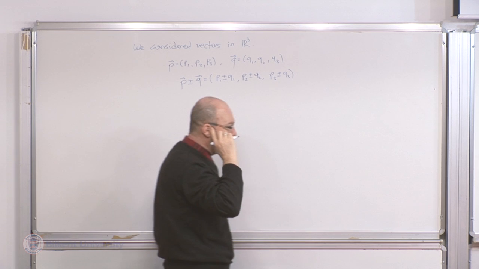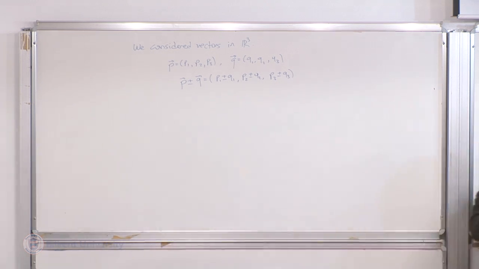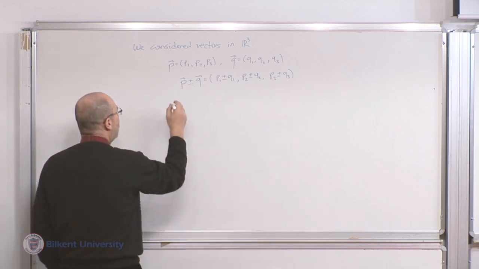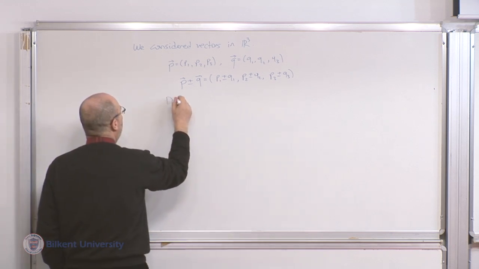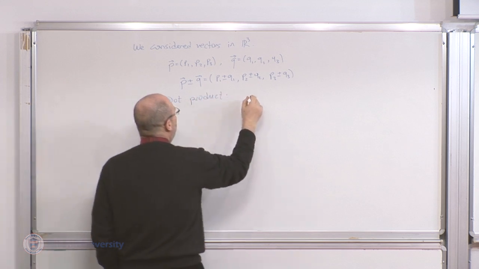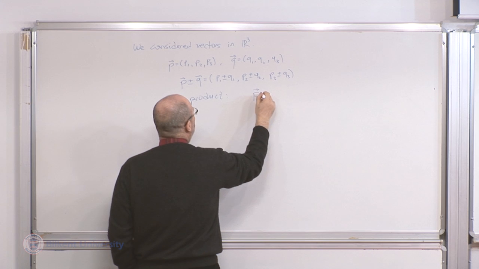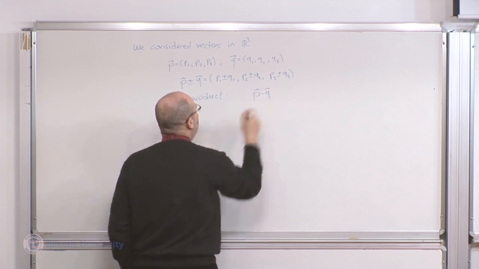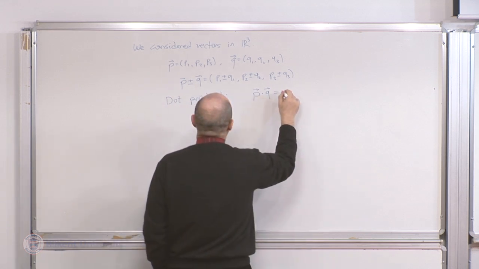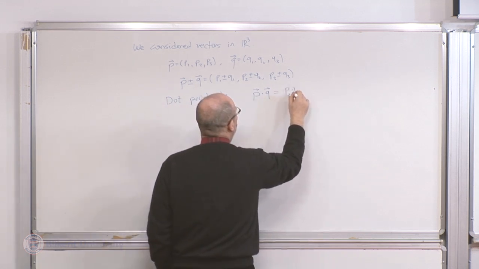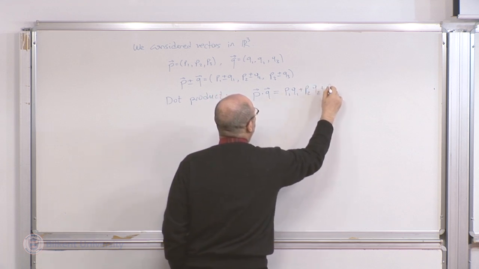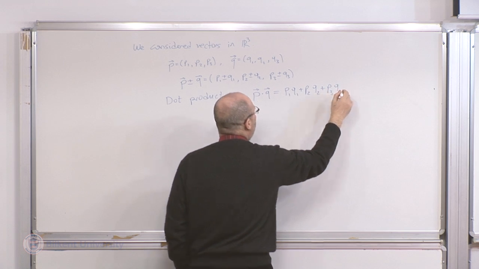Of course, the next thing is how do we multiply these? We have two products we mentioned last time. We have the dot product. We consider the product of these: we multiply two vectors and we obtain a number. So this is a different thing: P1 Q1 plus P2 Q2 plus P3 Q3.